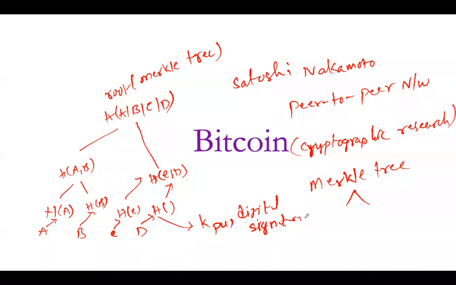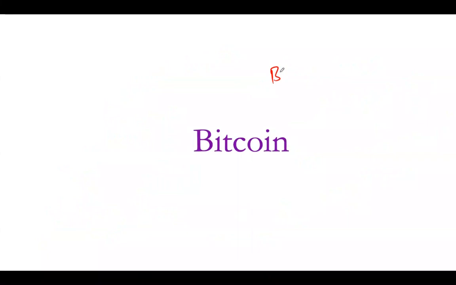So, moreover, the ideas such as your bit gold, like your B money, and the hash cash, and the cryptographic timestamping provided the functions for Bitcoin inventions.